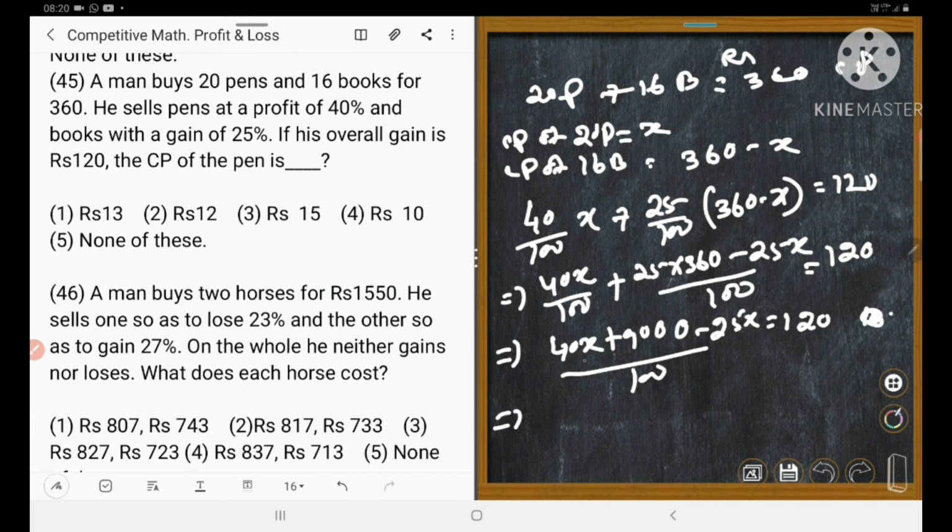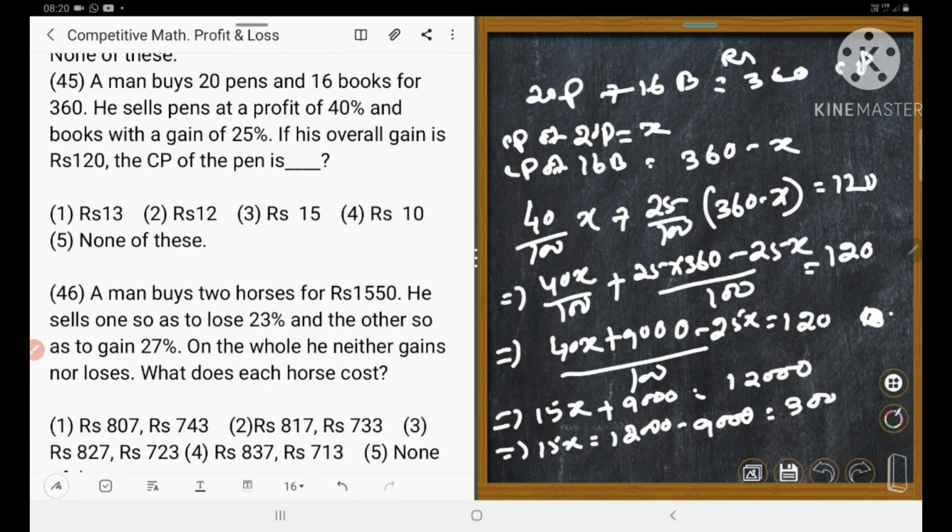Implies that 40X minus 25X is equal to 15X. 15X plus 9,000 is equal to 12,000. Implies that 15X is equal to 12,000 minus 9,000 is equal to 3,000. So X is equal to 3,000 upon 15 is equal to 200.